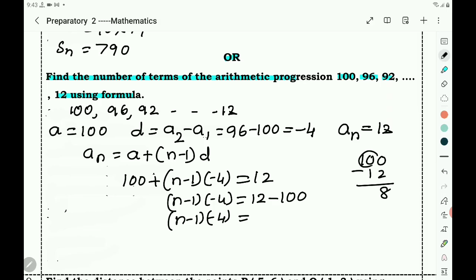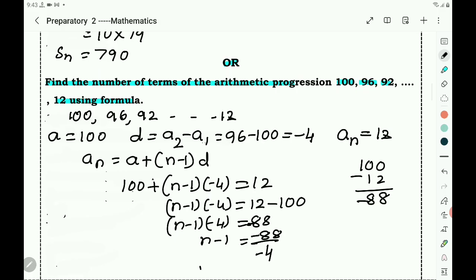Here 9 minus 1 is 8. You got 88. Then you transfer this minus 4 to the RHS. It becomes n minus 1 equals minus 88, because the greater number 100 is having negative sign. Therefore, you write minus 88, then minus 88 by minus 4.